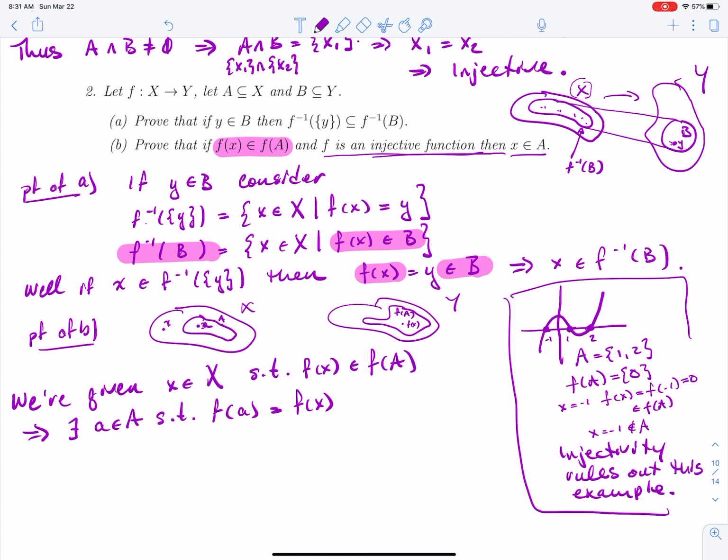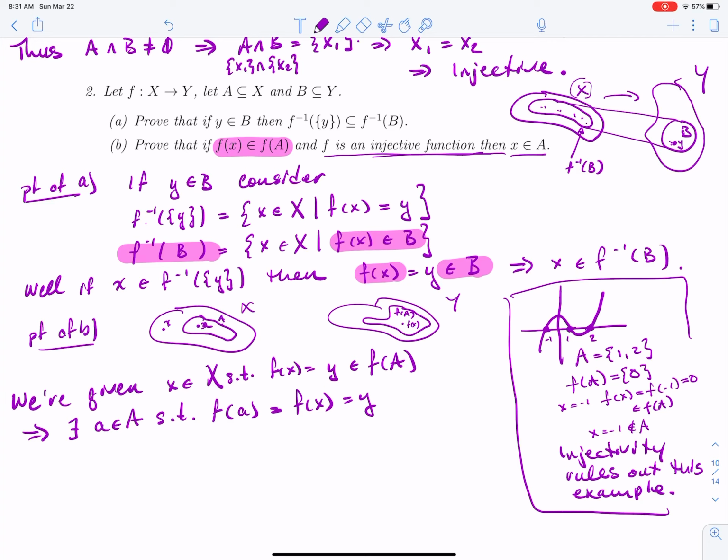All right, that y that f of x gets mapped to, which is equal to some y, happens to be sitting in the image of A. Okay?